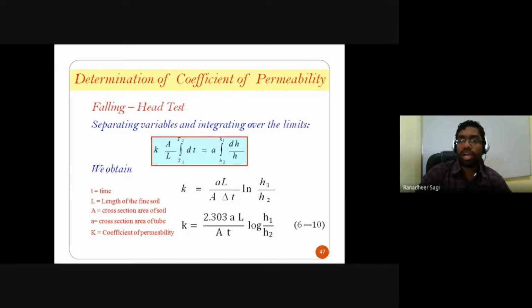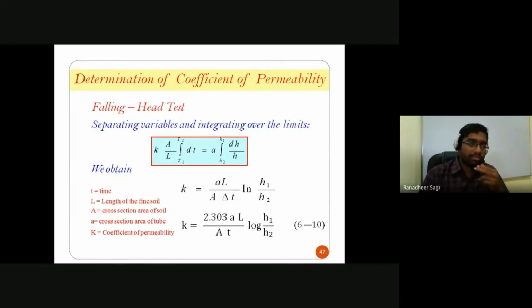If I want to write the same expression in logarithm to the base 10, it gets rewritten as k equal to the ln function converted into log scale with base 10, so you'll get an additional term of 2.303 coming into the picture. So, the coefficient of permeability for the fine grained soil sample.